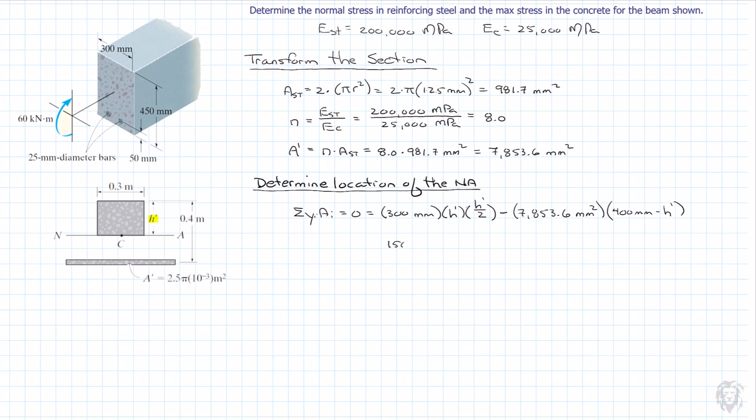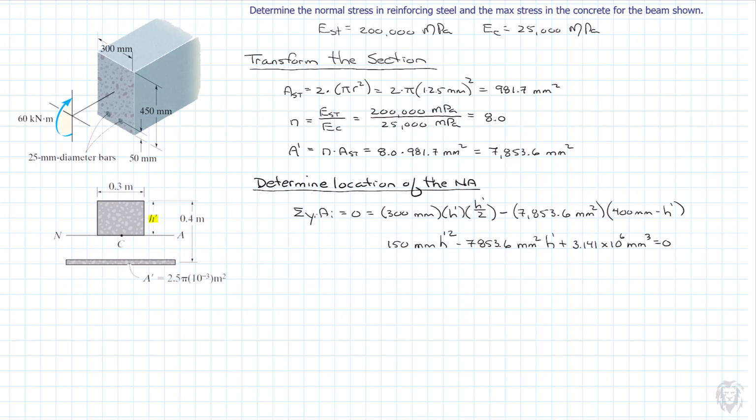So 150 millimeters times h prime all squared, minus 7,853.6 millimeters squared times h prime, plus 3.141 times 10 to the 6 millimeters cubed, equals 0. And clearly the units for h prime is millimeters.